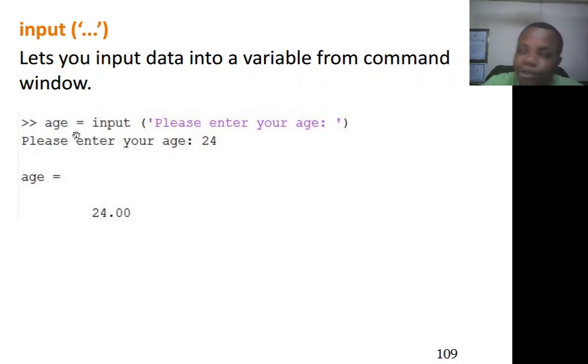So if you would like to designate a number to the variable age, in which you would like the user to input that number in the course of running the program, you can just specify it. In this case, once you run this, it is going to come out with 'please enter your age', in which the user is going to enter the number, and this is just going to assign the number to the variable age as we see in here.